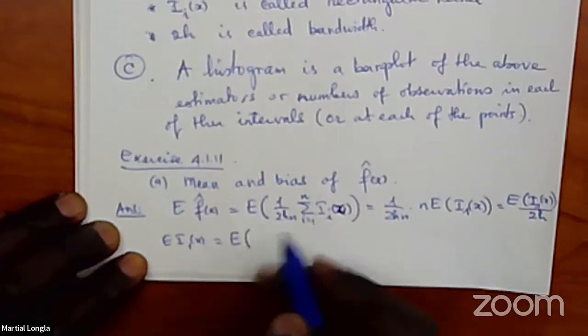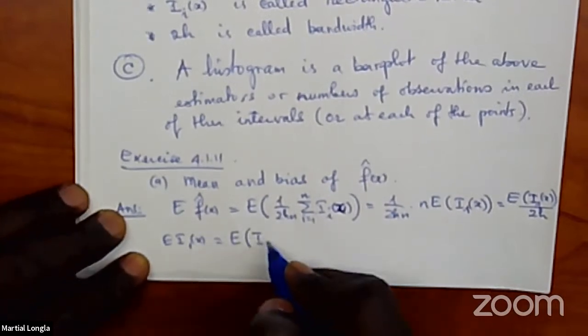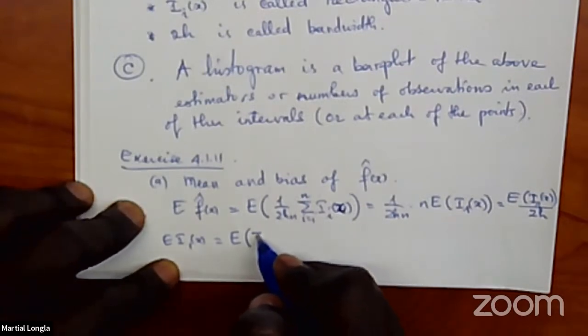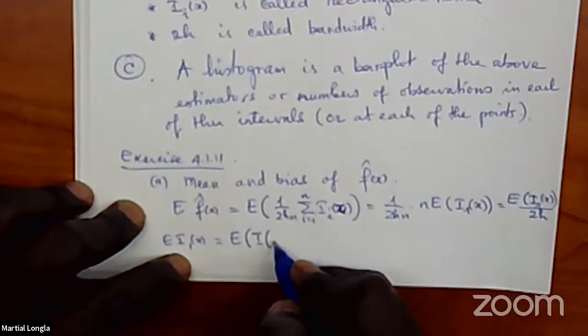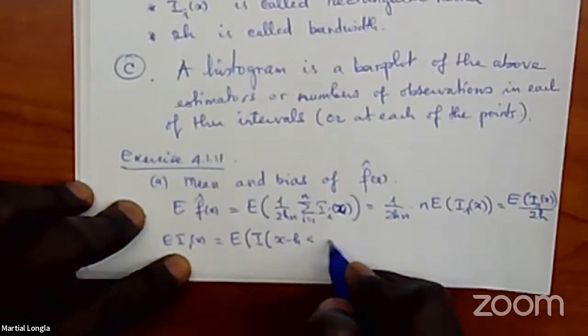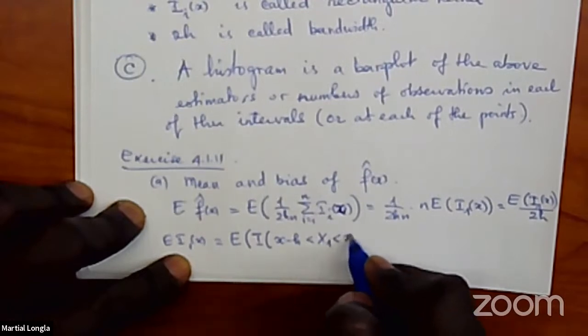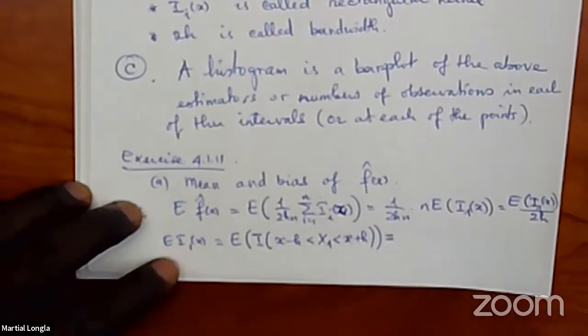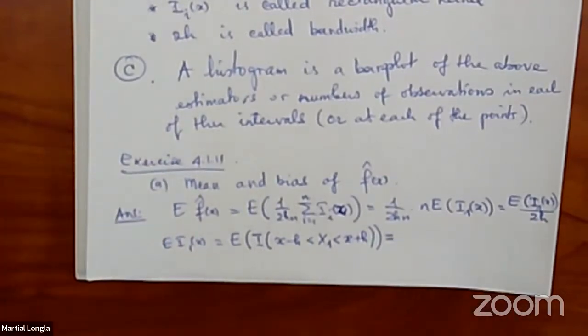That's the expected value of the indicator function of X minus H less than X1 less than X plus H. How do we find the expected value of a discrete random variable? Sum of variable times probability, right?